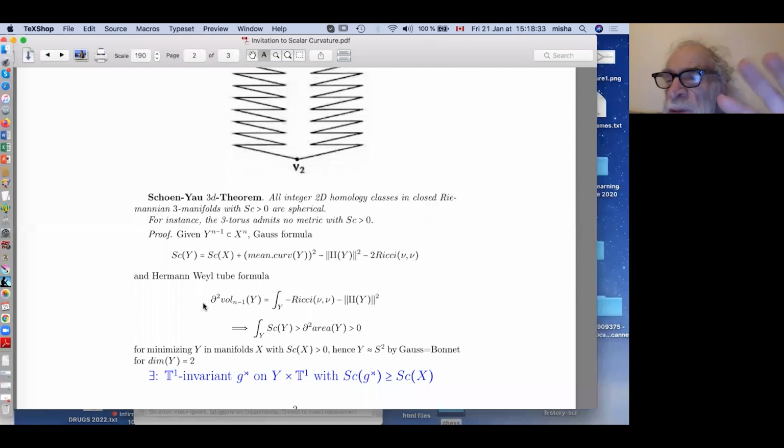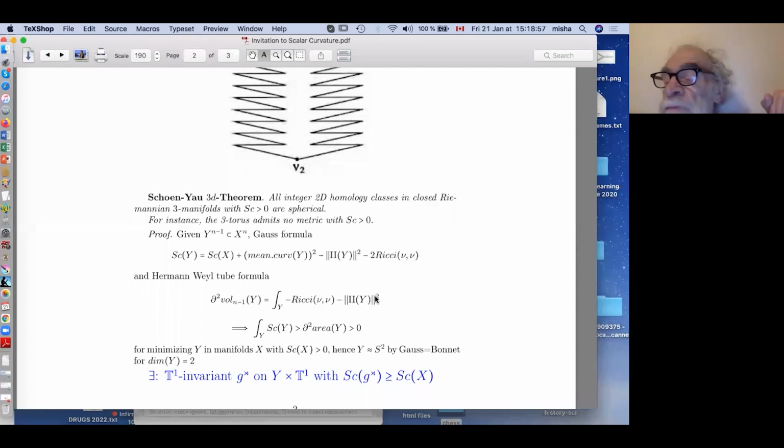If there is mean curvature, you must be careful, it's slightly ambiguous.